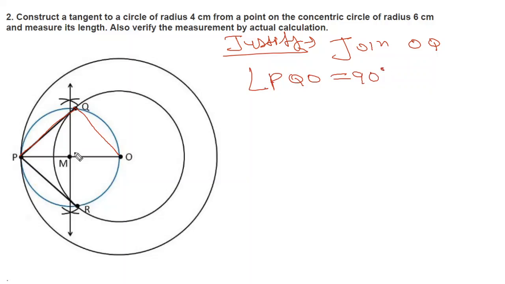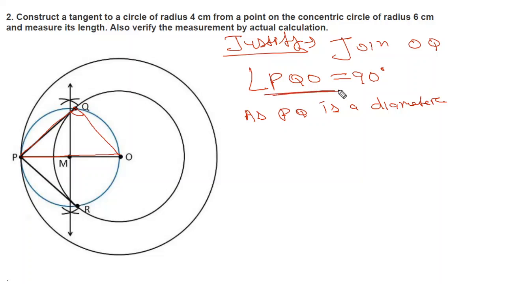PQ is a diameter, and angle PQO is an angle subtended by the diameter on the circumference, and you know that the angle subtended by the diameter on the circumference is 90 degrees.